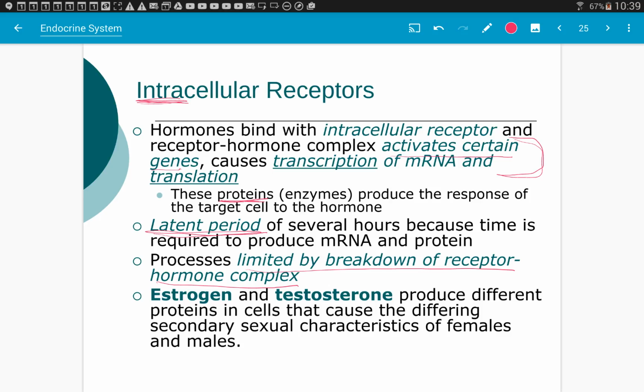Okay? So two particular hormones, estrogen and testosterone, they will pass through the plasma membrane. They bind to an intracellular receptor, but then they have different responses. For example, during puberty, the fun time in our lives, they will have different effects on males and females.